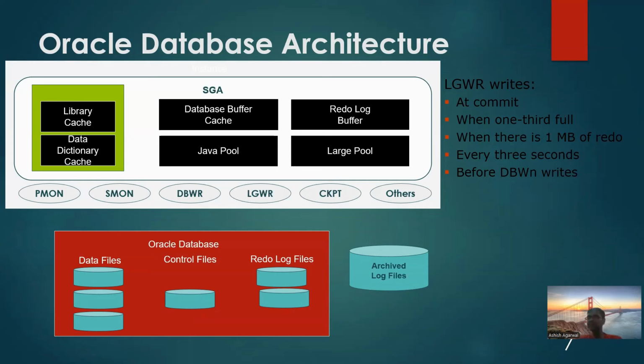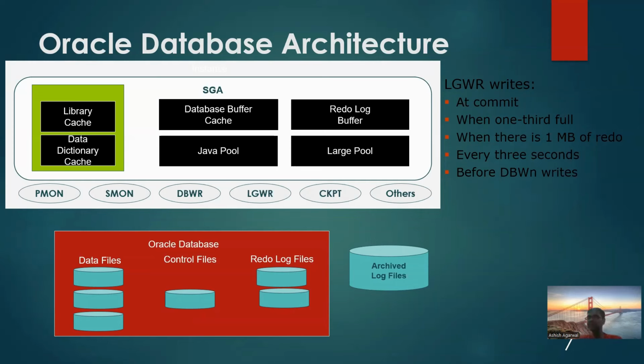Oracle database is divided into two parts. First is the instance and second is the Oracle database files. The instance is again divided into two parts: first is the SGA and second is background processes like PMON, SMON, database writer, log writer, checkpoint, and others.